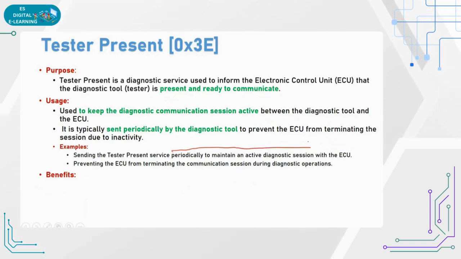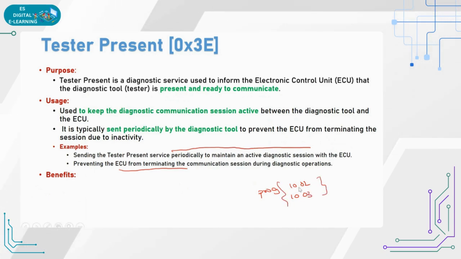Whether it is the default section or programming section, it should be sent continuously, until the ECU terminates or the tester terminates. Until then, it stays in the programming or extended section only. So the user or the ECU should terminate, which means it should come out from the programming or extended section to default. The ECU or the tester should do it.